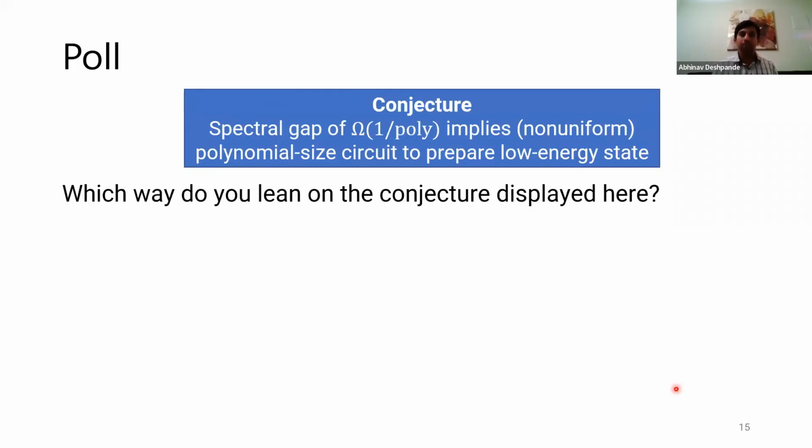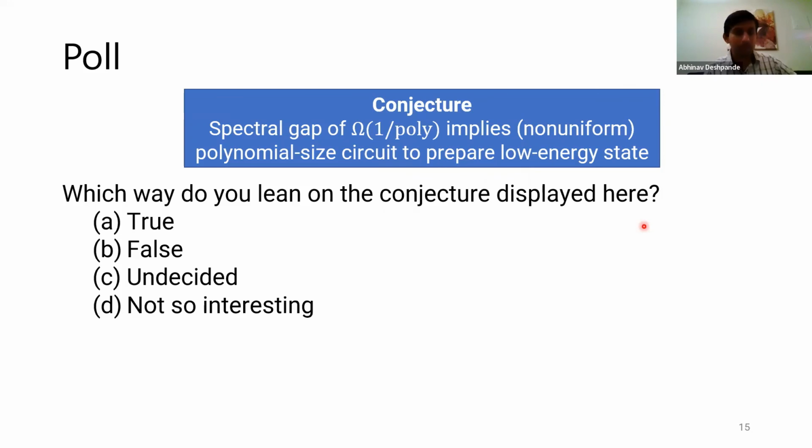So, okay, here's a poll on the conjecture, which I again have restated here, which is that a spectral gap of inverse polynomial implies a polynomial sized circuit to prepare some low energy state.